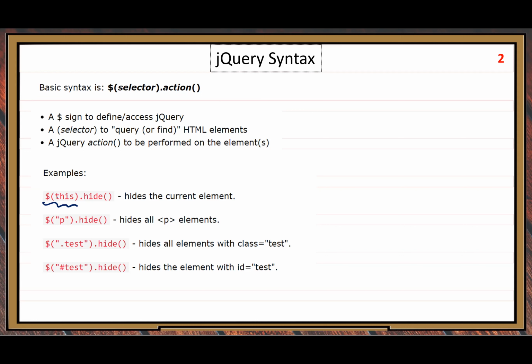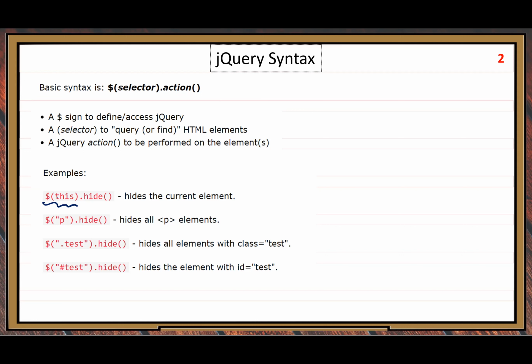Then, in double quotes, the name of the element directly, because the tag name, right? When we talk about an element, there is an HTML tag name for that element. Here, this example is P, paragraph, P element. You can use any, for example, table element, button element. Any tag name you can put here inside double quotes.